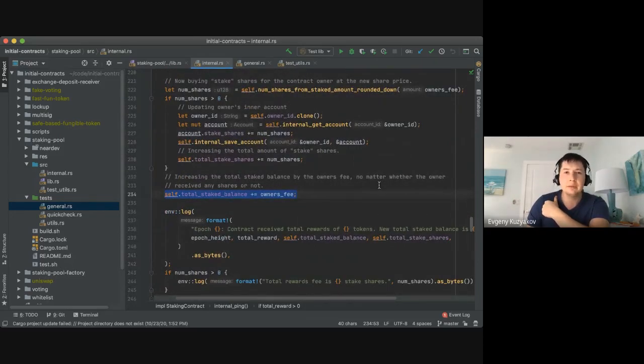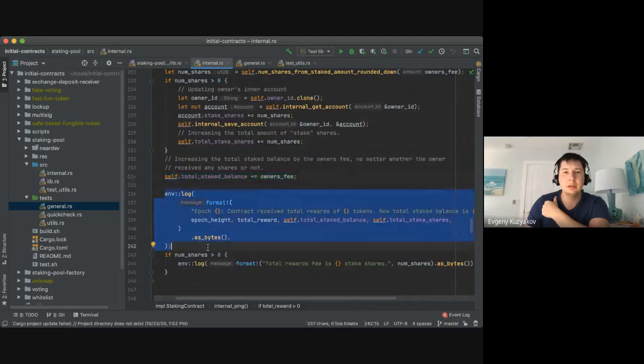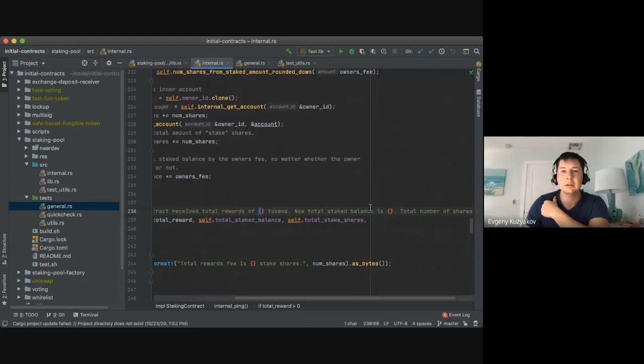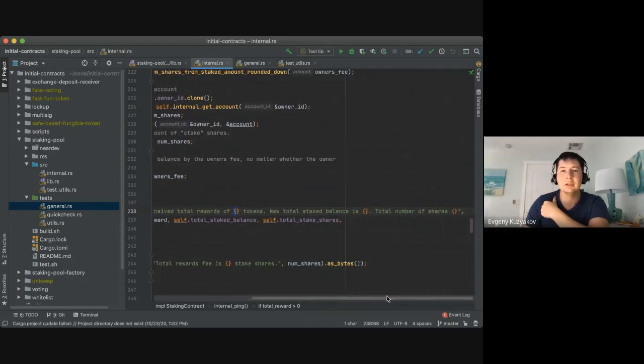And finally, we put some helpful log data saying the current epoch is this. We received the rewards in that amount of staking shares or in tokens. Then now the total stake balance of the pool is this, and the number of shares. This is the only way we expose the number of shares to the external world, through the logs.